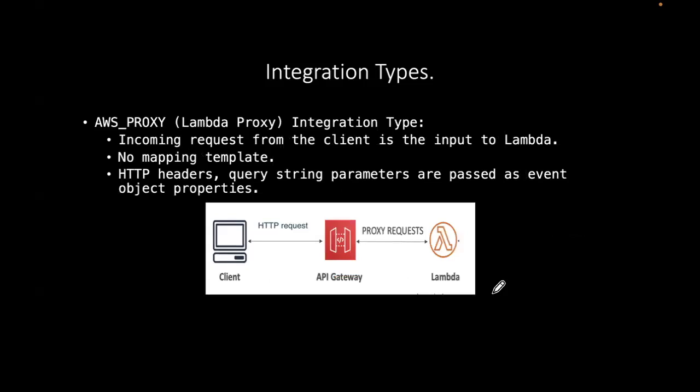So, okay, all a bit theoretical so far. That's the whole area of integration types when you're creating a web API using the API Gateway service. You have to tell the API Gateway service the type of integration that you want to have enabled for particular parts of your web API.